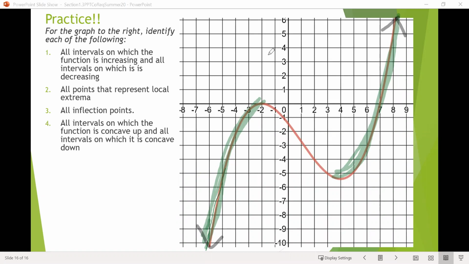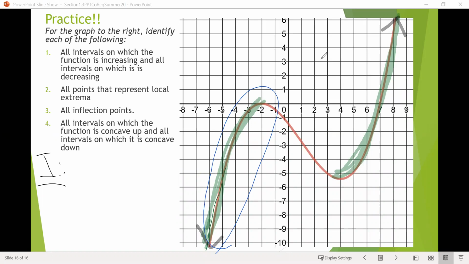And when we go to identify the intervals of increasing, we're going to do it based on the input values that are covered by those intervals. We're going to write this in interval notation. So first of all, notice for this first piece here, the function is continuing on and on to the left.